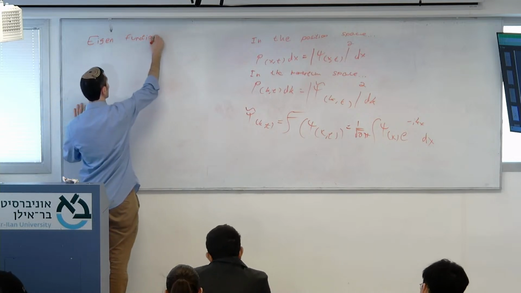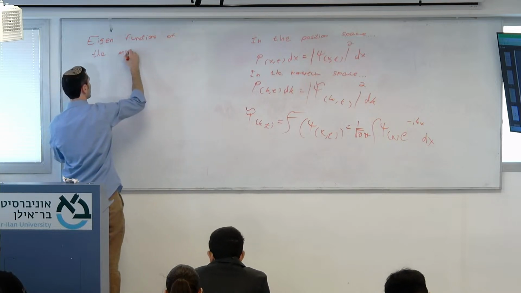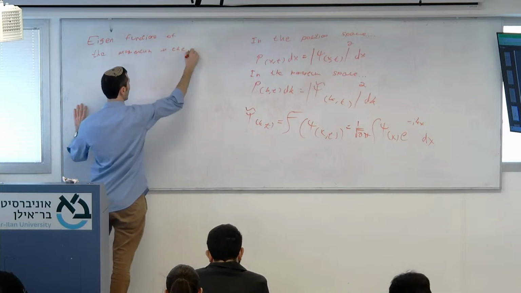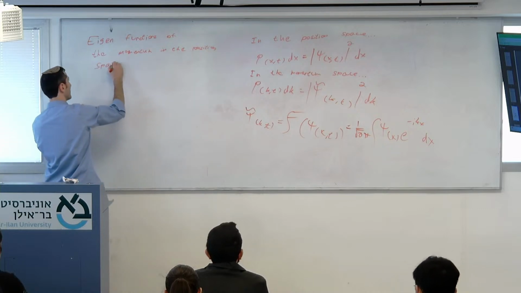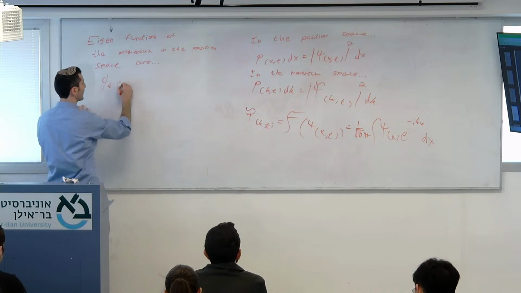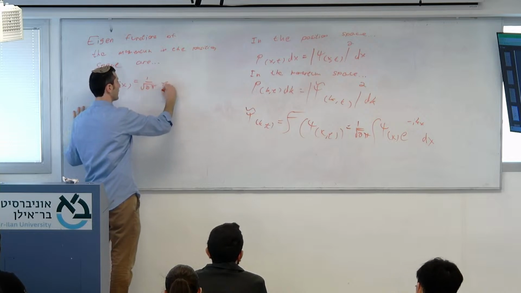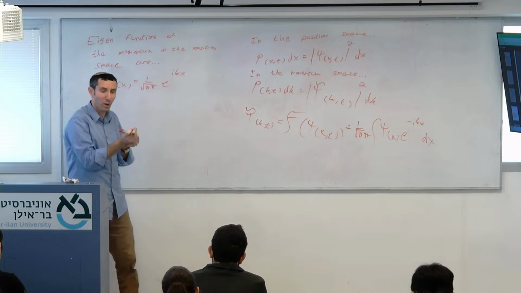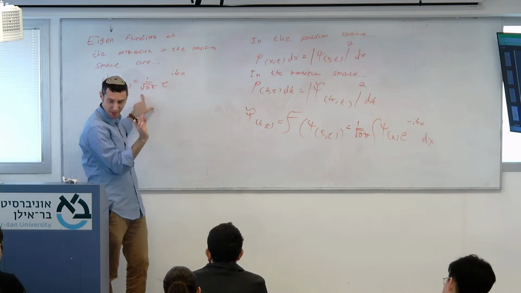What we saw before: phi k of x was 1 over square root of 2 pi e to the i kx. If I have one specific momentum, this is the way to describe it, right? That's how we saw it.